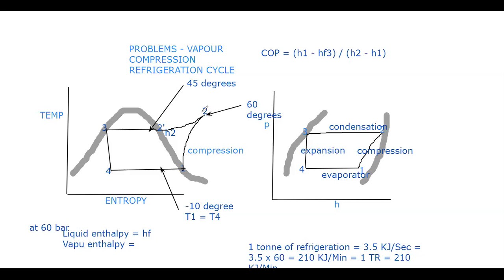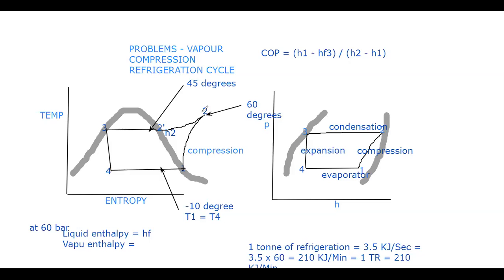Okay. So this is all we have to understand if you are solving superheated type of problems. Sometimes they may ask to calculate the capacity of the refrigerator also. Same thing, once you know the heat extracted.